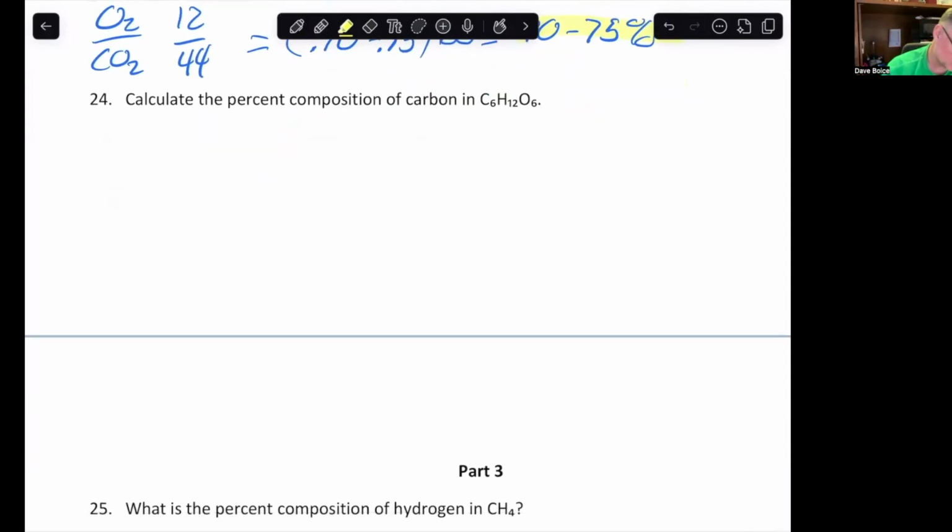Percent composition of carbon in this, which is glucose, by the way.